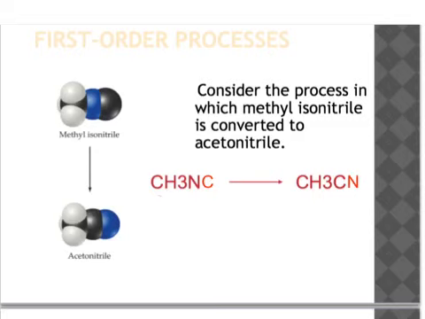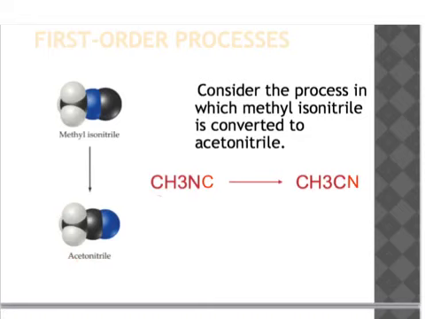If you consider the reaction in which methyl isonitrile is converted to acetonitrile, and you look at what has to happen to go from here to here, what's the difference? NC to CN. This little nitrogen right here has to split away from this carbon, and basically this little part of the molecule has to flip around to become acetonitrile.